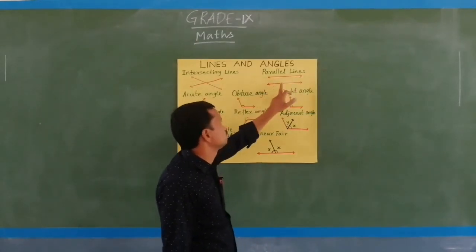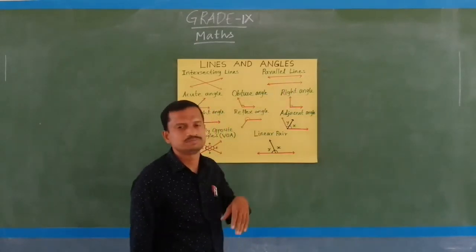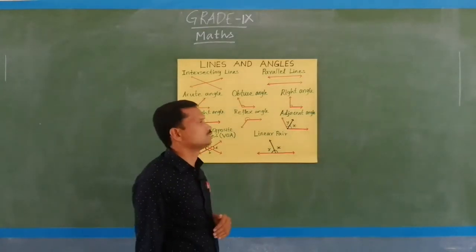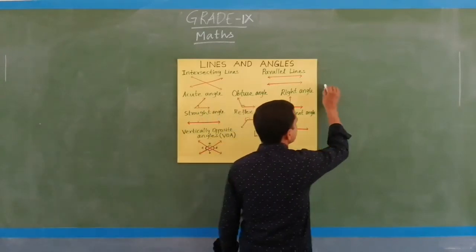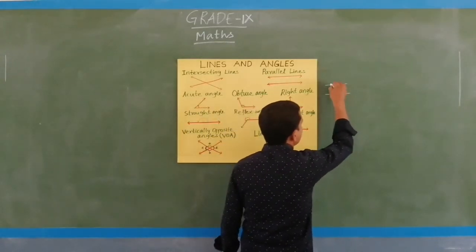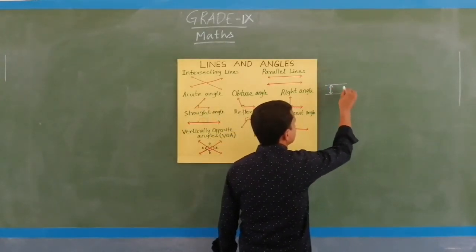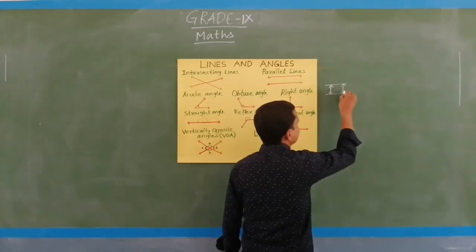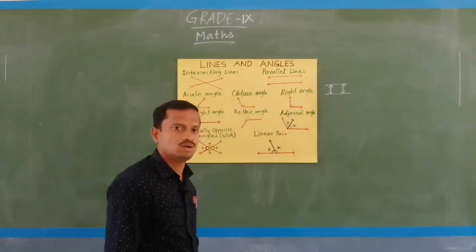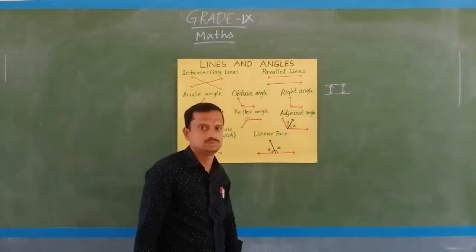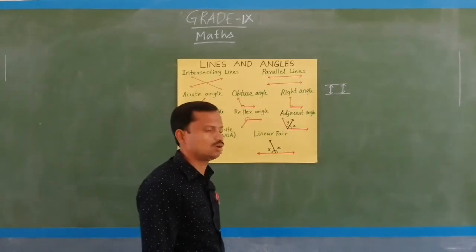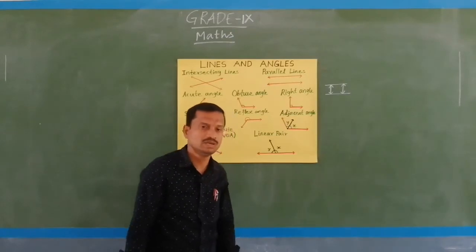If there exists a constant distance between the two lines, the distance between them remains the same forever, so they never intersect. Non-intersecting lines are called parallel lines.